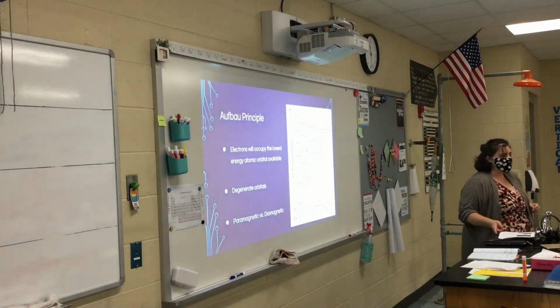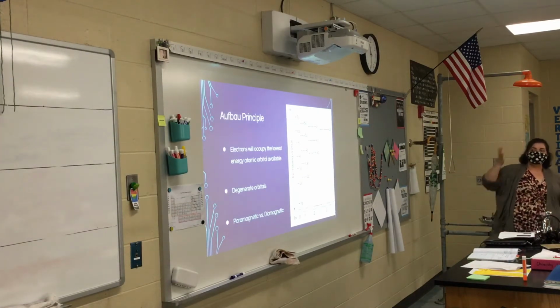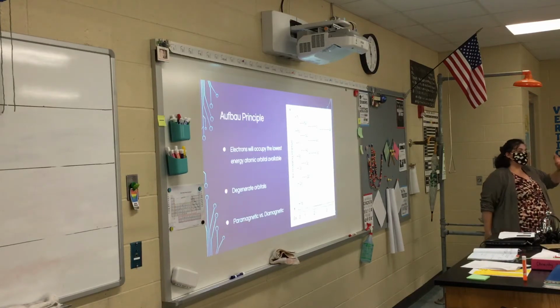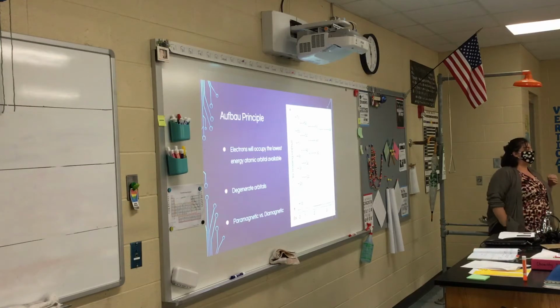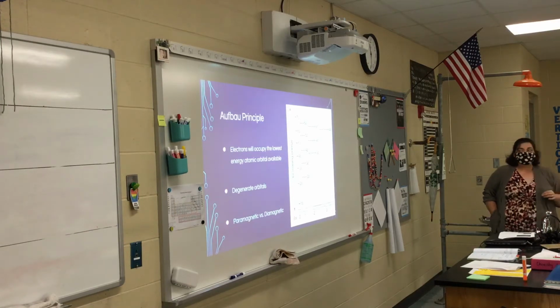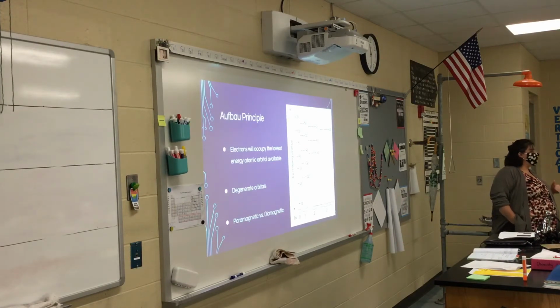So remember I said, Aufbau's principle, it's right here on the board, says that the electrons want to occupy the lowest possible energy positions. They want to be in the lowest energy atomic orbitals available. But we have some orbitals that exist at the same amount of energy as other orbitals. Those orbitals are called degenerate. They all have the same amount of energy.